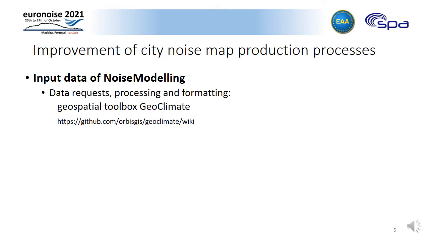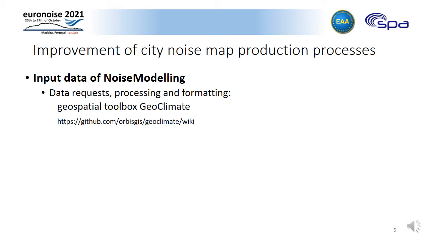All data coming from OpenStreetMap are requested, processed, and formatted by means of the open-source geospatial toolbox GeoClimate. Data are organized as a series of GeoJSON files in the form of attribute data from several GeoClimate layers.